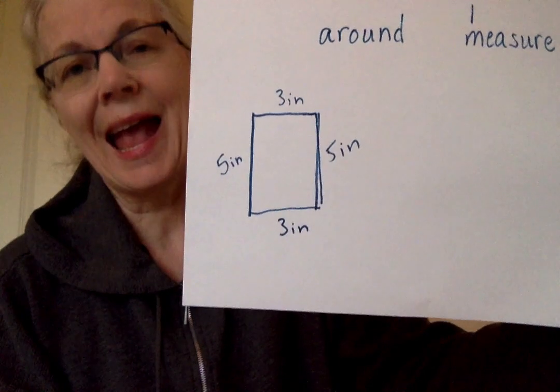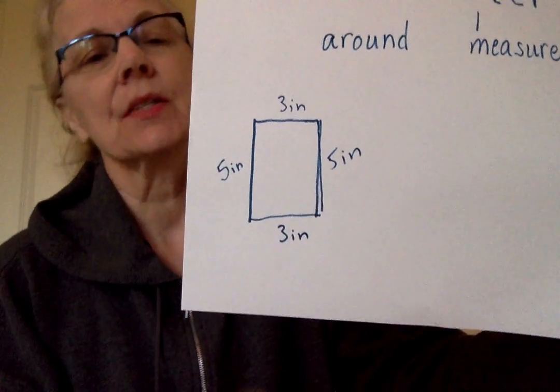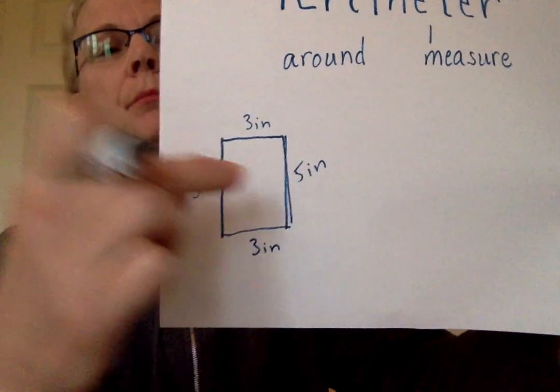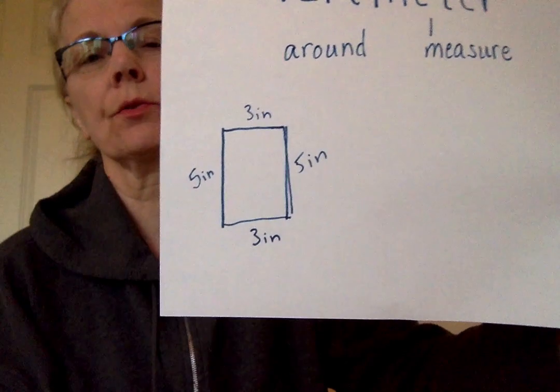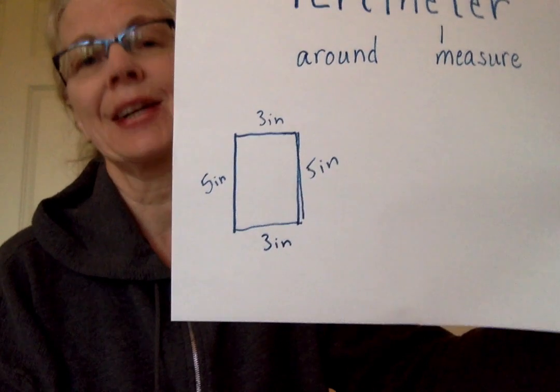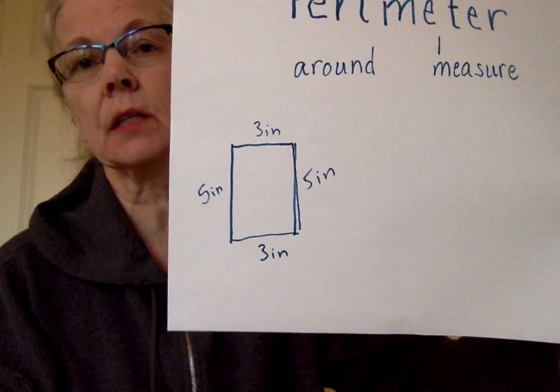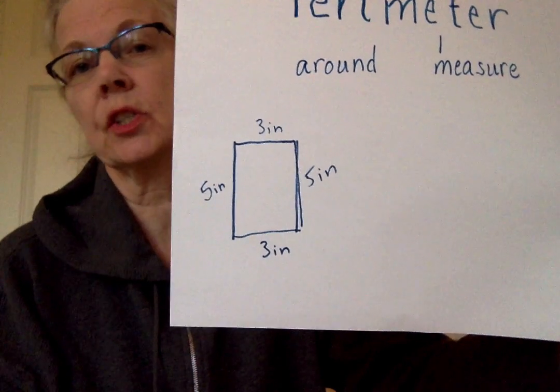Now when we do perimeter, all we have to do now is add the sides. So I have 5 plus 3 plus 5 plus 3. I know some of you are thinking, well, 5 plus 5 is 10 and 3 plus 3 is 6, so we could just add that together.